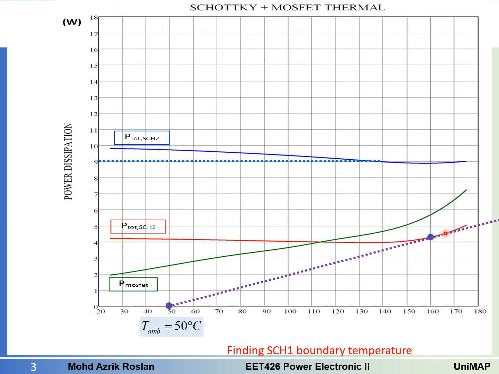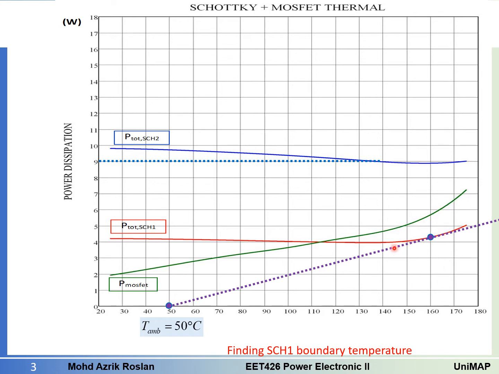So from my eye, I can see that the boundary point here is at 160 degrees C. Different people, different interpretation. Maybe you draw this and you think this is 165, so no problem.